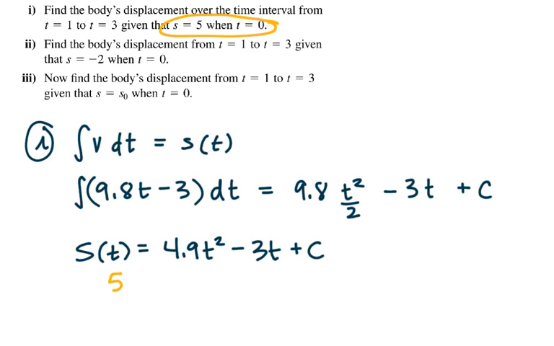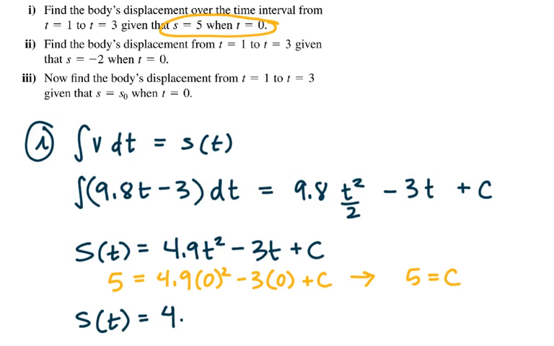So I can use my initial condition, plug those values in, 0 for t and 5 for position, and simplifying that, I get that 5 equals c. So the position function I want to use in this situation is s of t equals 4.9t squared minus 3t plus 5. All right?